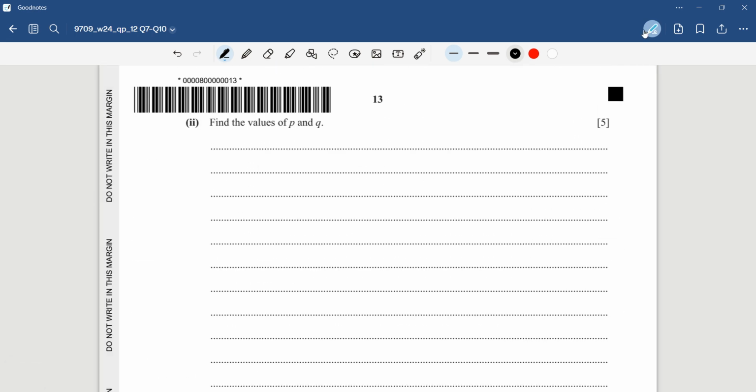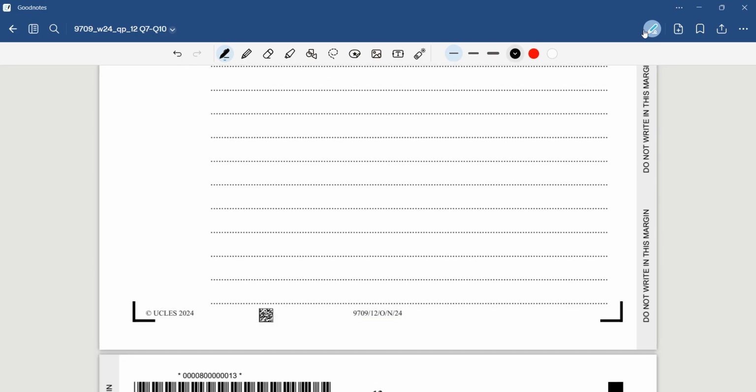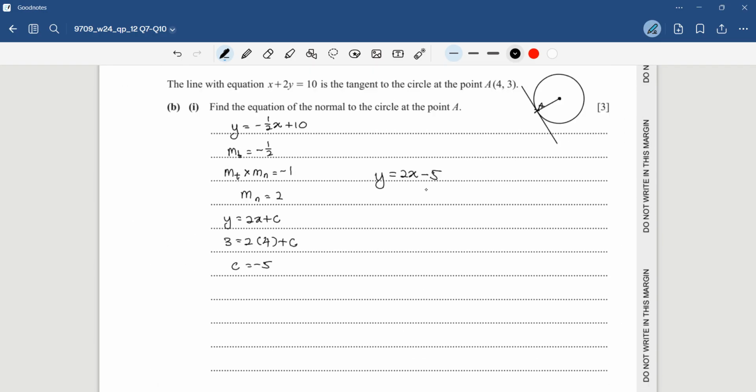Find the values of p and q. So what we know just now, the gradient of the normal is 2, and by the basic thing the coordinate of the center will be negative p over 2 and negative 1.